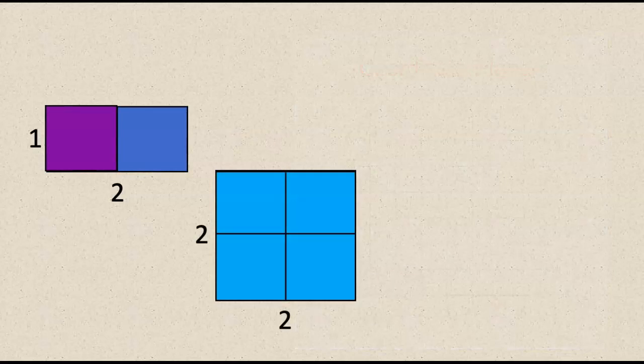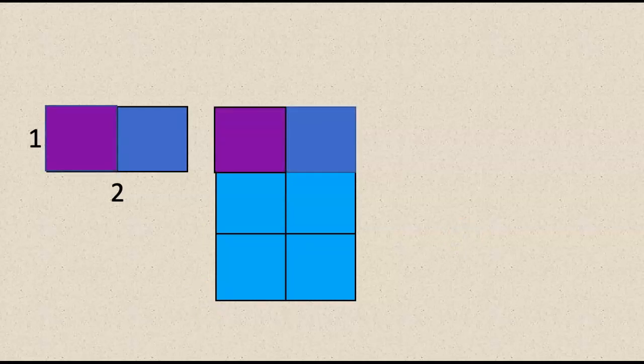A 2x2 looks like this. 2 blocks on the x-axis and 2 on the y. If I add my 2x1 rectangle to the 2x2, it looks like this. And now I have a 2x3. 2 blocks here on the x and 3 on the y.